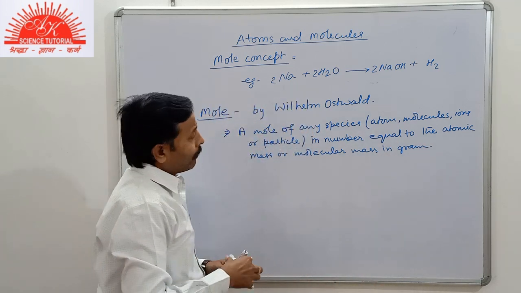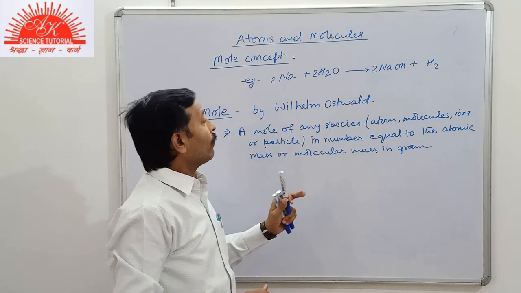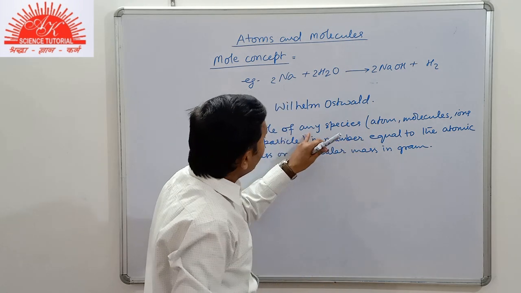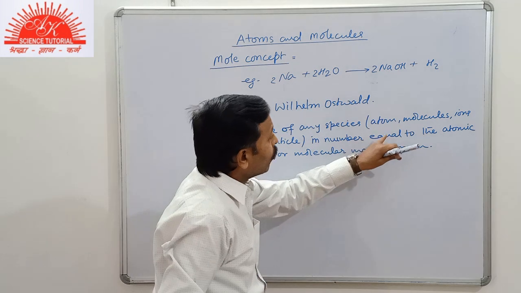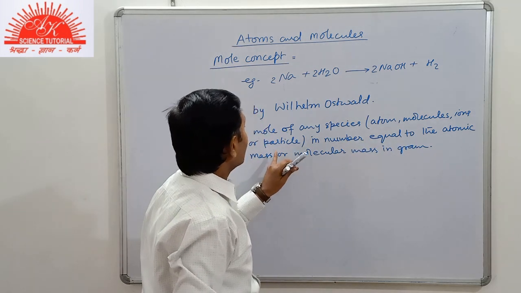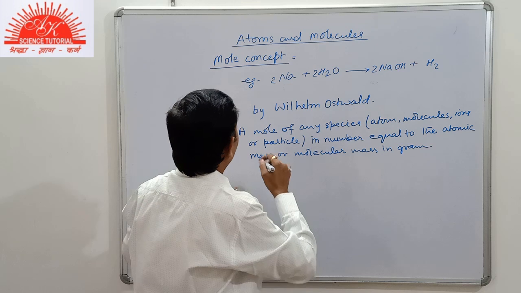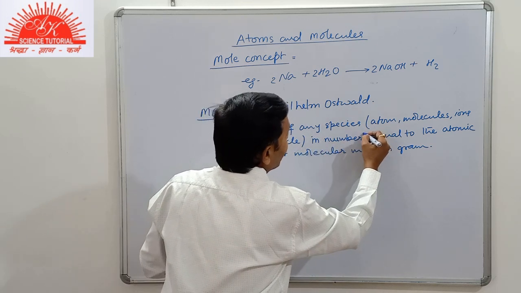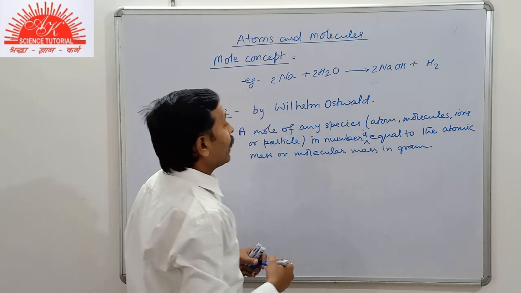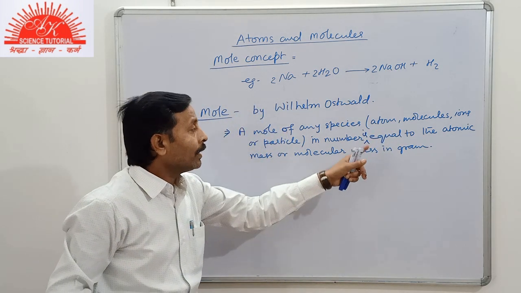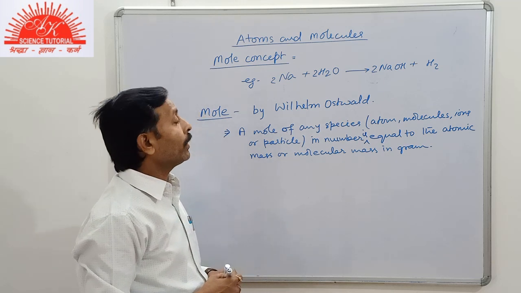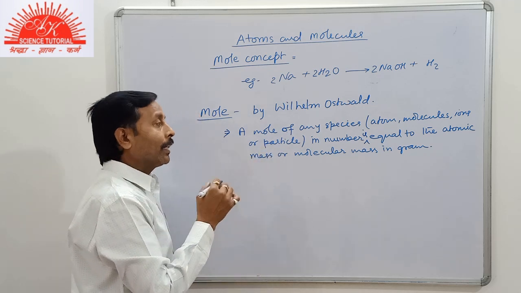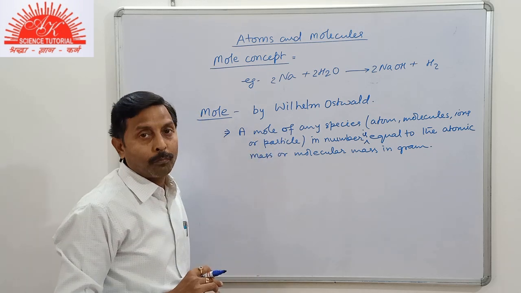We can define it like this: a mole of any species in number is equal to the atomic mass or molecular mass in gram. It means that if we take atomic mass in gram, it will be equal to 1 mole.